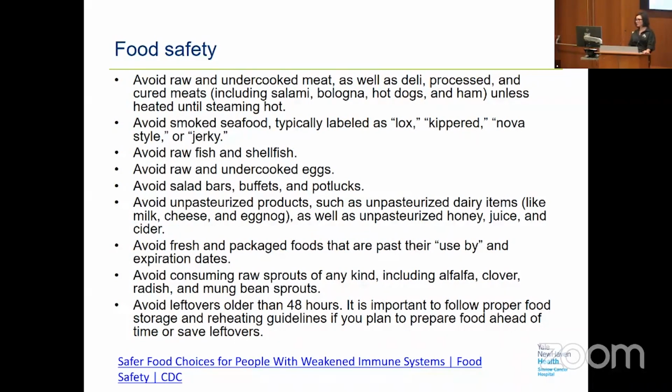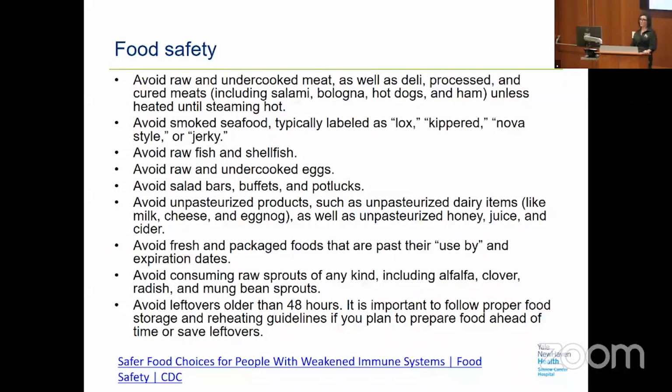For some of these, avoid foods including raw and undercooked meat, processed and cured meats, smoked foods, raw fish and shellfish, and raw and undercooked eggs, as well as salad bars, buffets, and potlucks. And these are really the primary sources for those types of foodborne illnesses, as well as unpasteurized products, including dairy products and honey and juices that are not pasteurized.